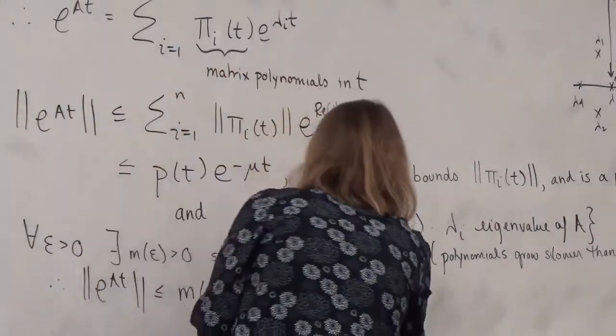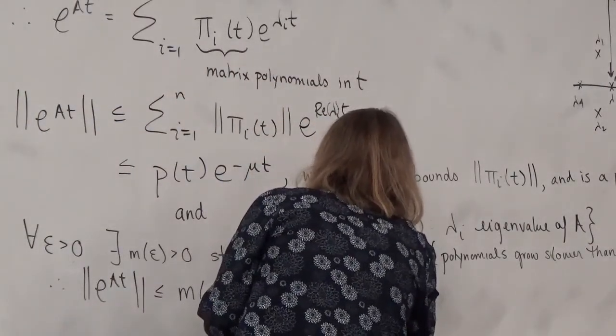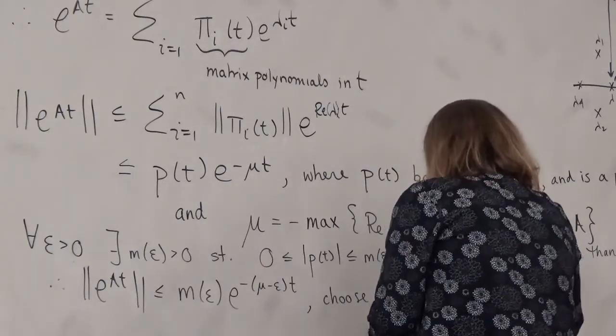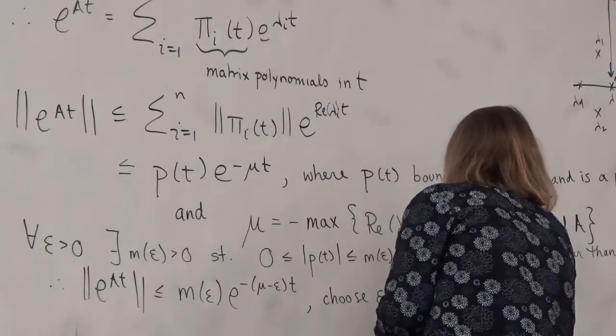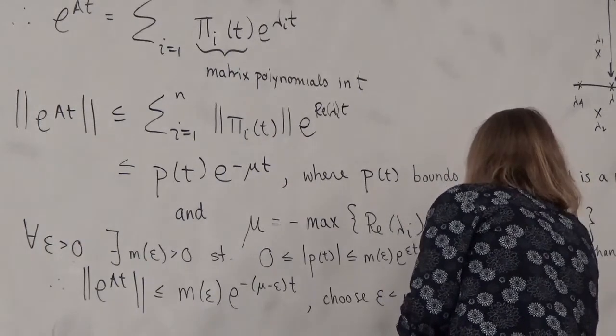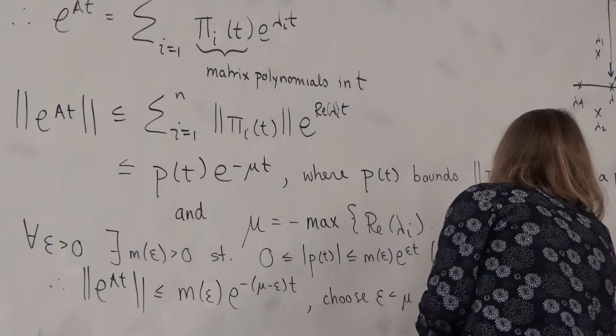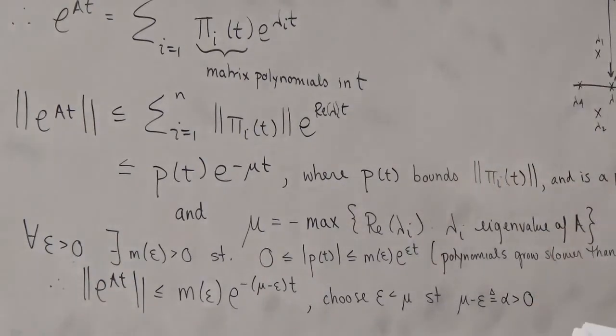And I'm going to choose epsilon to be less than mu such that mu minus epsilon, which I'm going to call alpha, is greater than 0. All right, and now we're there. Now we've got a decaying exponential bound.